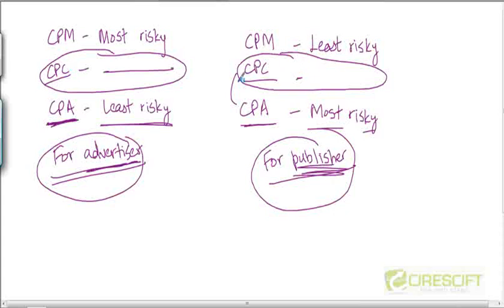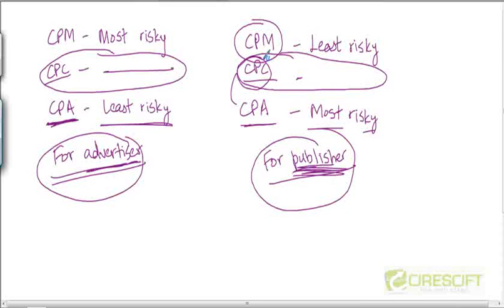Anyway, CPC is what divides the risk between the publisher and the advertiser. From the publisher's viewpoint, the risk is that somebody who comes to that site may not actually click on the ad. That is the risk the publisher takes by going for the CPC model instead of, say, the CPM model.